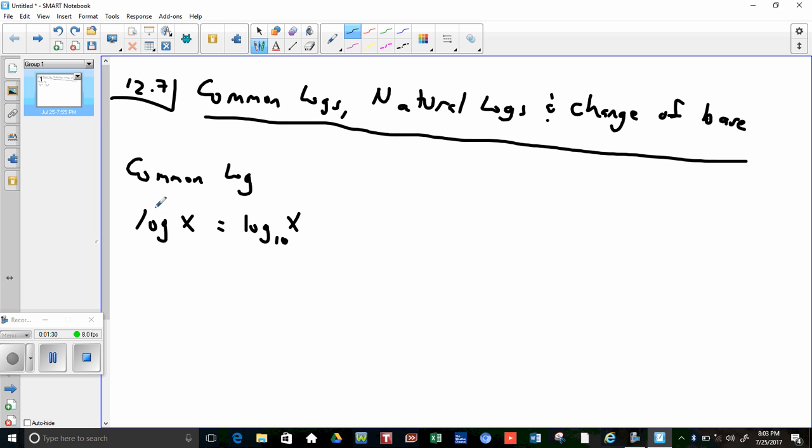The reason that this is called a common log, or that 10 is the common base, is because if you think about it, just about everything that we do, especially with a metric system, is based upon units of 10. We count to 10, then we start over with our ones place.